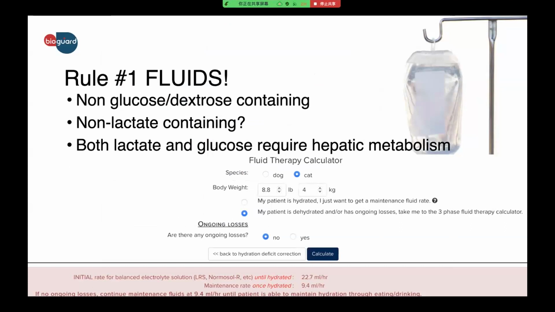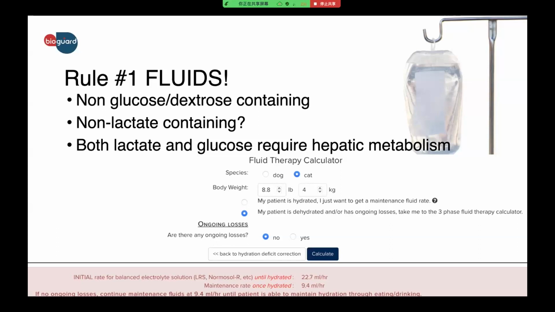And also, if we need to use a lactate-containing fluid, like lactated Ringer's solution, the previous lecture told us the lactate will also be metabolized in the liver tissue. So do not use lactate-containing fluid to give the infusion to the hepatic lipidosis cat.